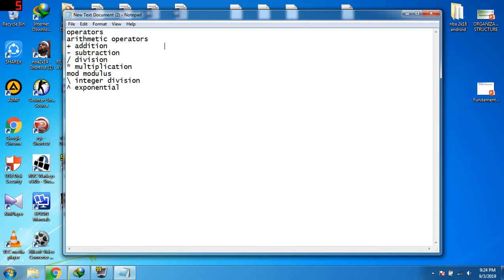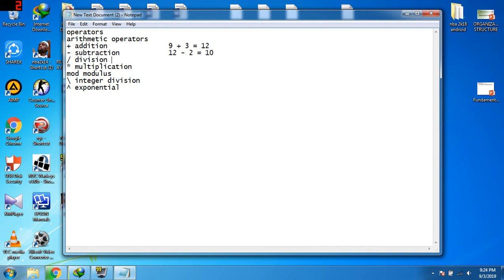So intindihan po ba? So example po natin, we have talking about addition. So that is common. Like for example, we have 9 plus 3. So that will give us an answer of 12. Same with the subtraction. So like for example, if we have an input of 12 and then minus 2, so that will give us the answer of 10.